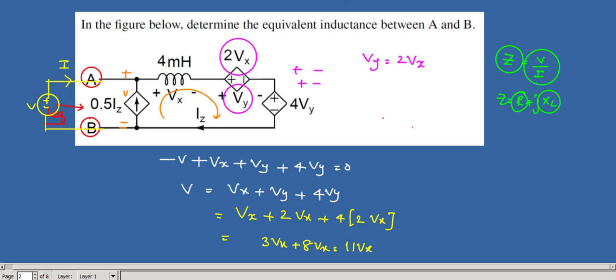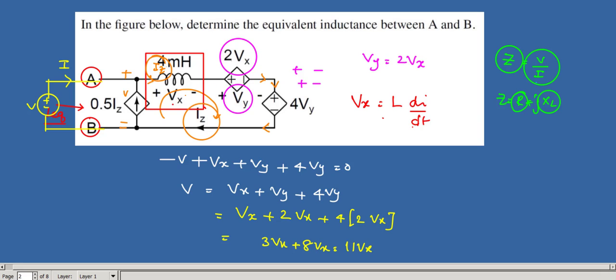And you clearly observe, this is the Vx. Vx equals L into di by dt. What is the current? You can see here, this is current Iz coming through this branch.